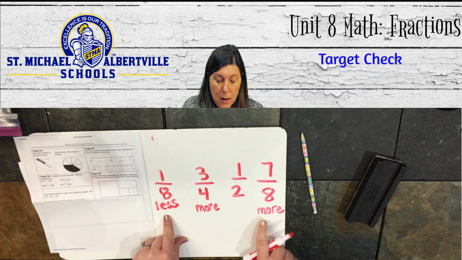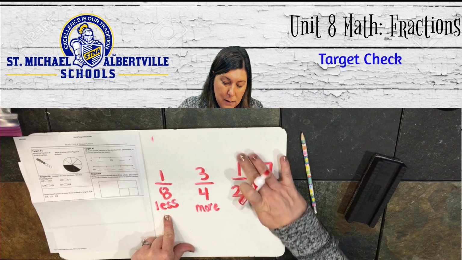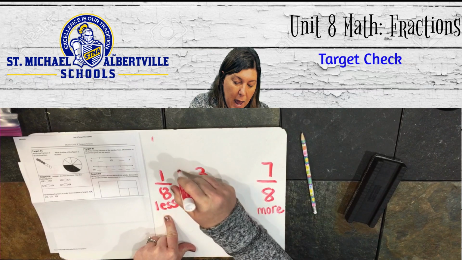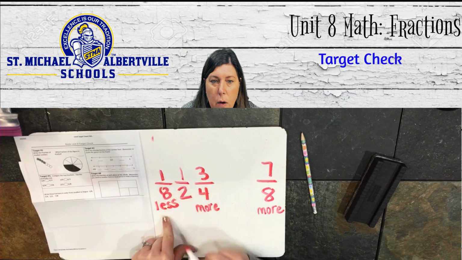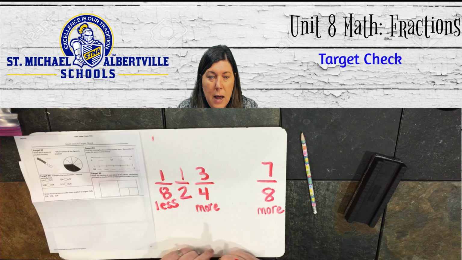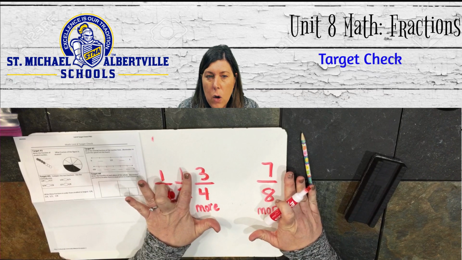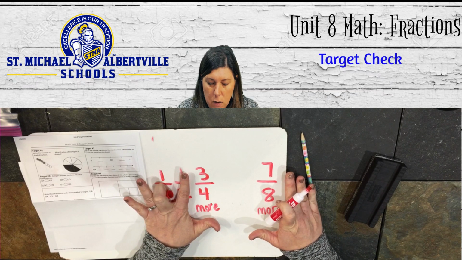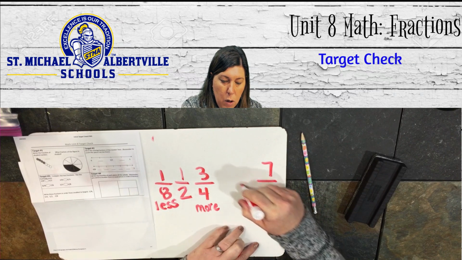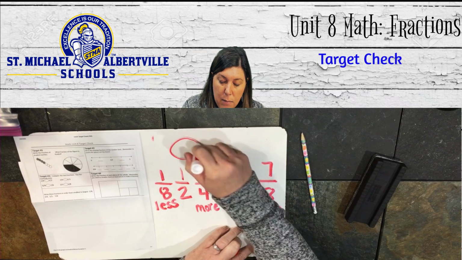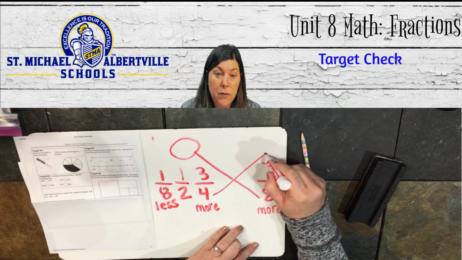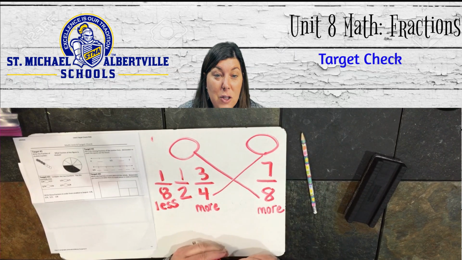Then this one is next, 1/2. Now these two can have a fight. Say who is bigger. And you can do that by timesing these numbers and doing the butterfly trick. See if you can finish that one.